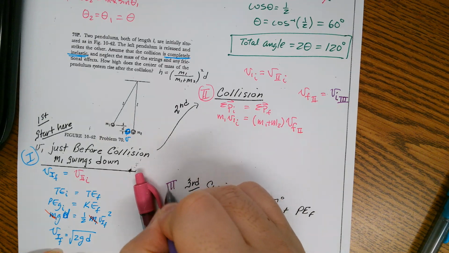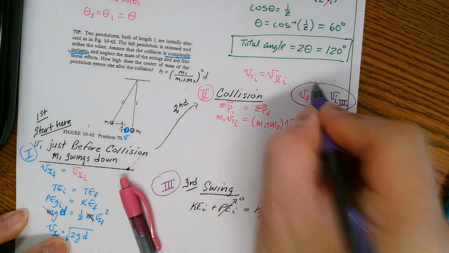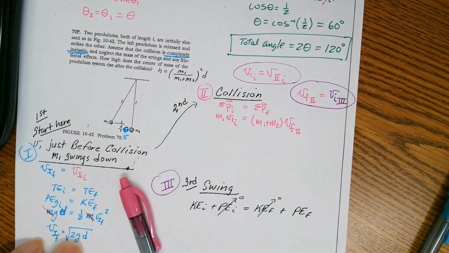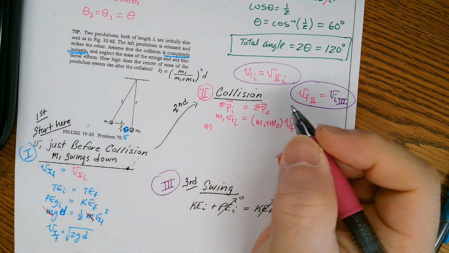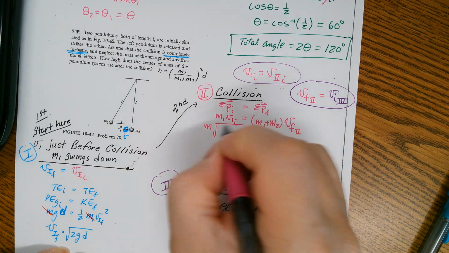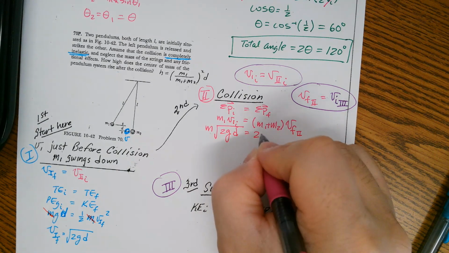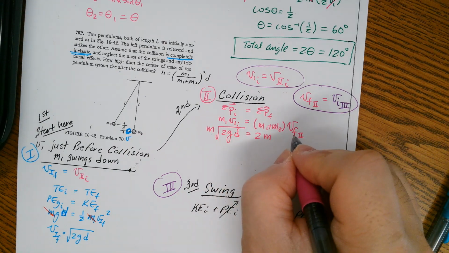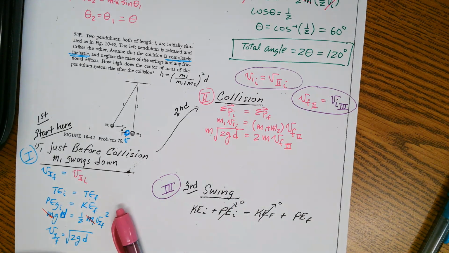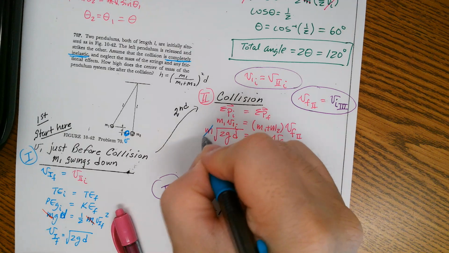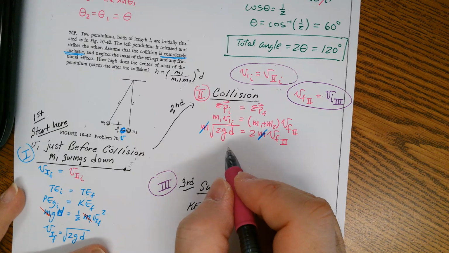So I have m1 times the square root of 2gd equals (m1 plus m2) times vf of phase 2.